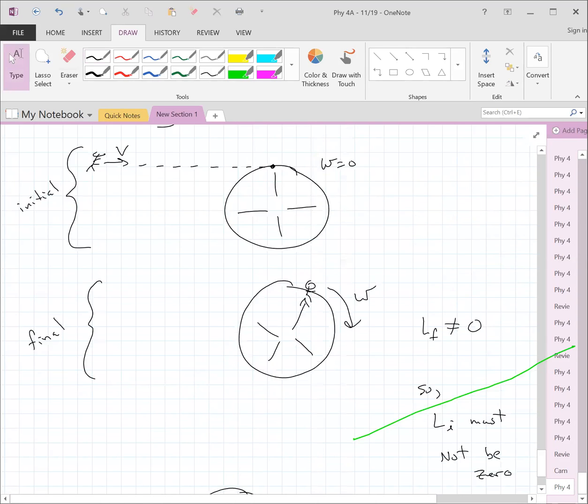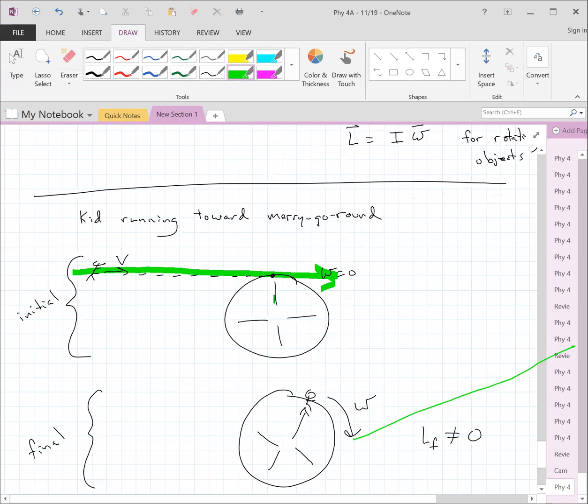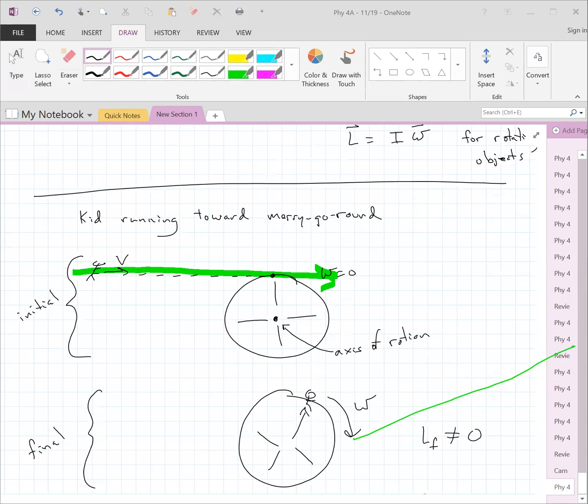But in this case up here, because the line of the kid's momentum does not pass through the axis of rotation, that means when the kid collides with it, they can get this thing rotating.